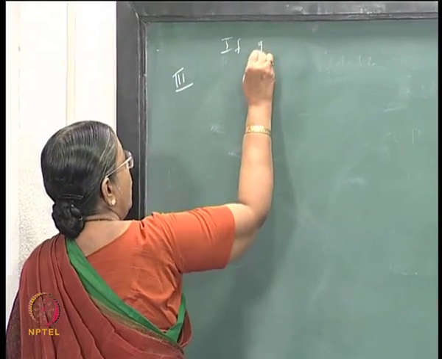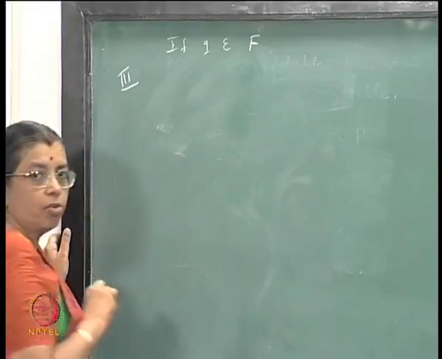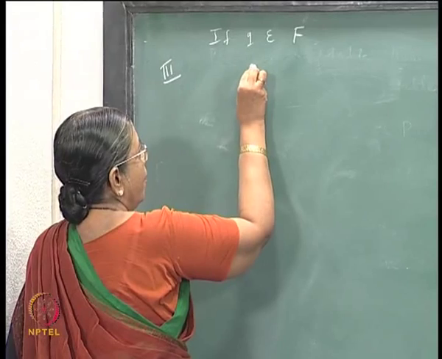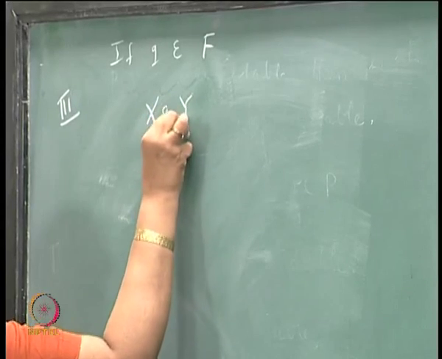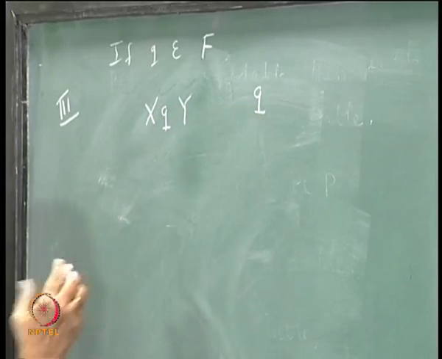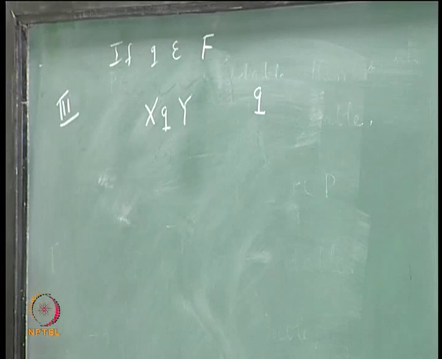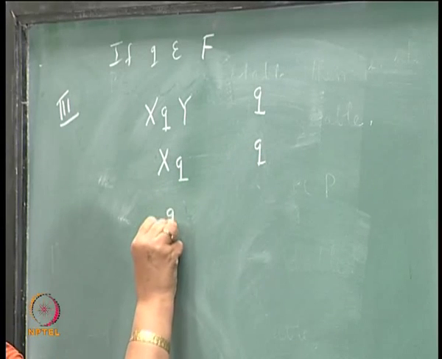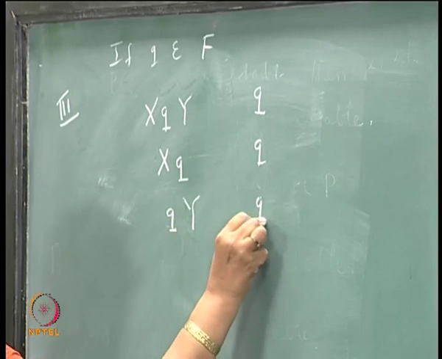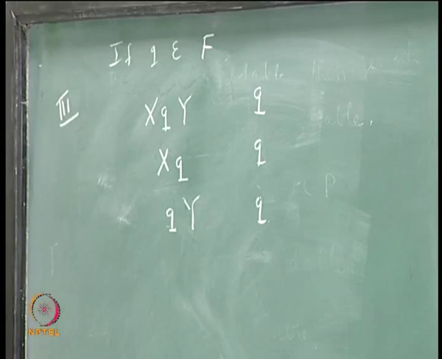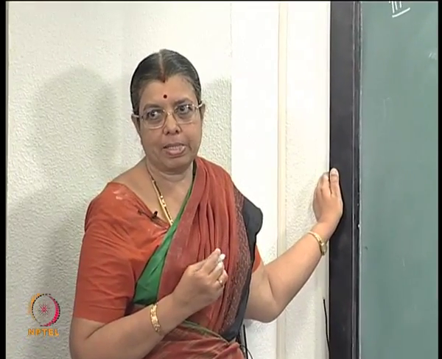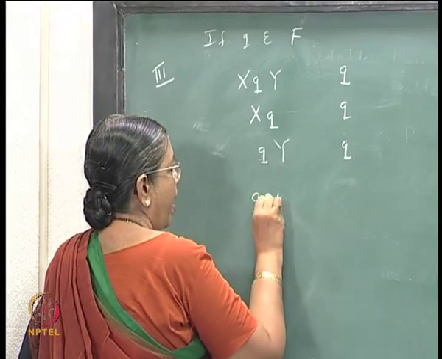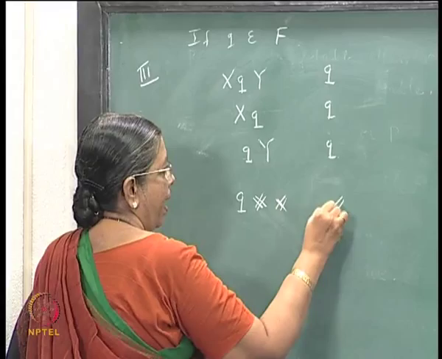If Q belongs to F, once you reach the final state, the pairs you have will be XQ, Q, and QY, Q. You start consuming the symbols actually. This is for consuming the symbols. The last pair will be Q hash hash, hash.